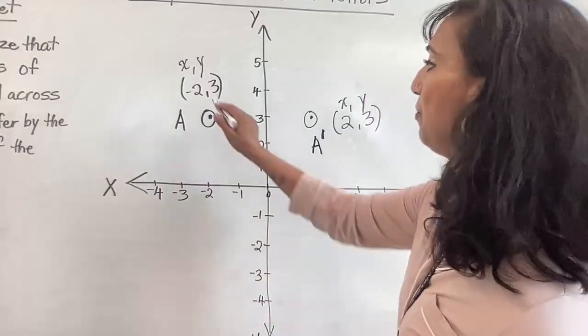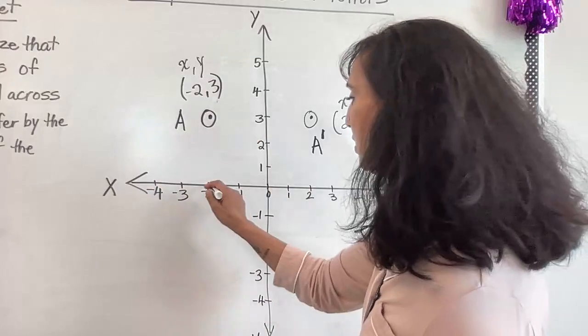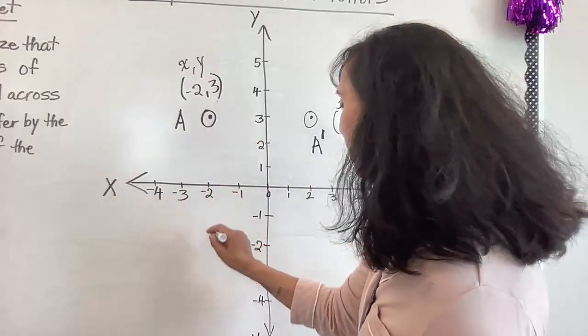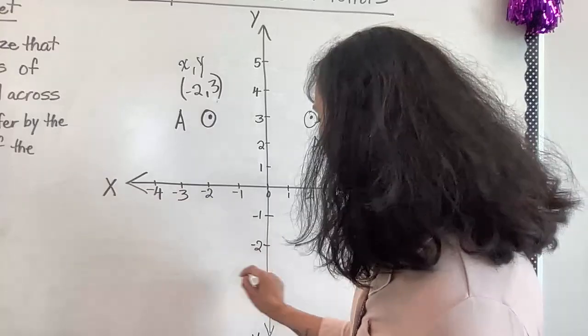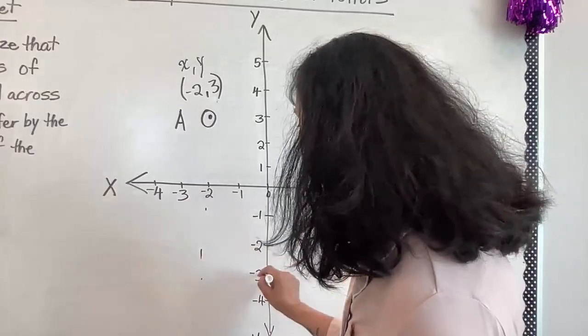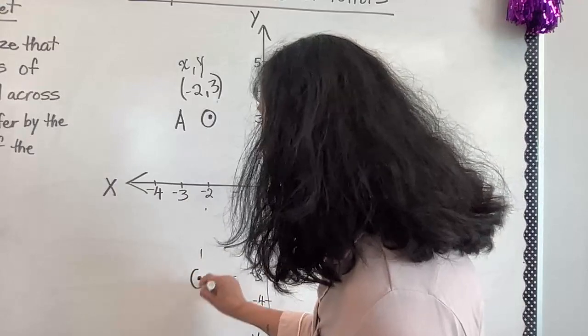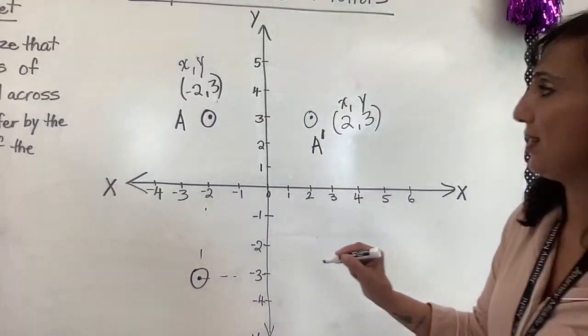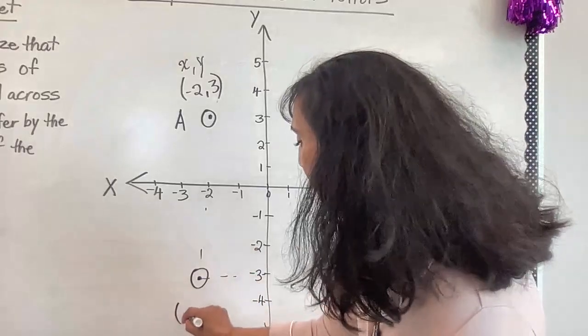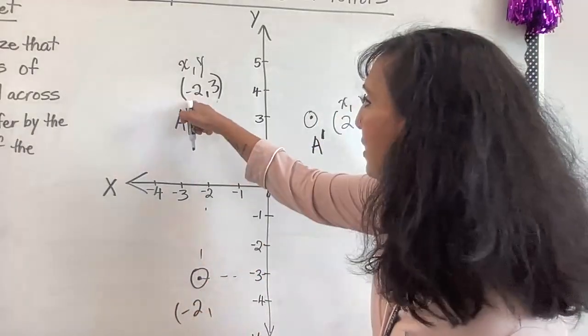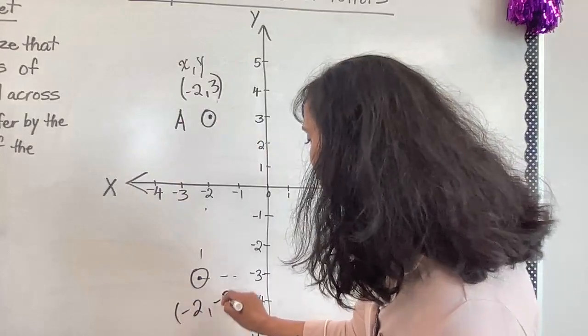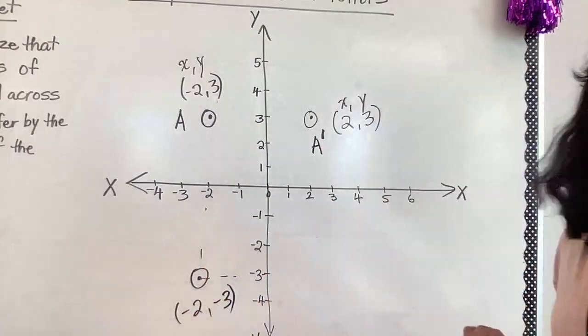If x is the same, what is x? Which is -2. So this is here and y will flip, it will become -3. So here is a reflection on the x-axis. This would be -2, x stays the same, and then -3 because y is flipping.